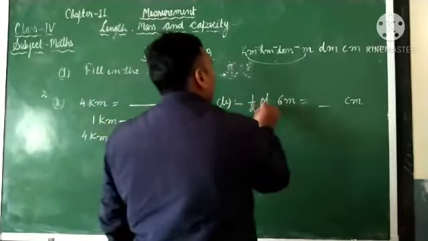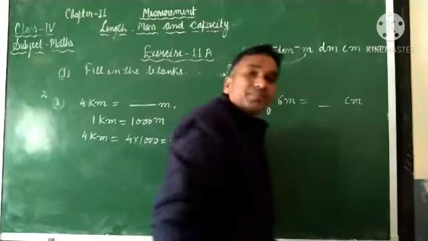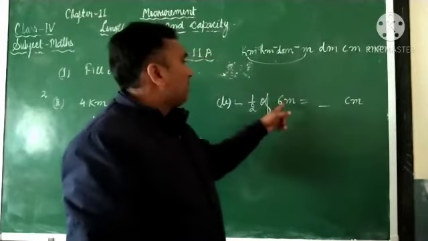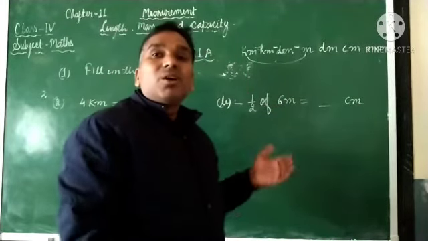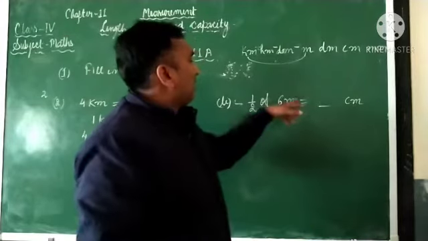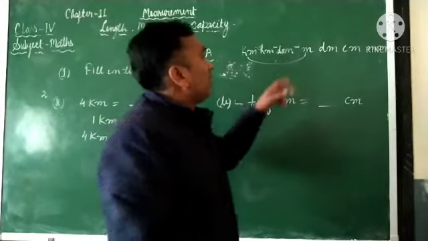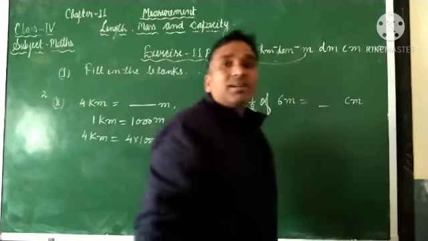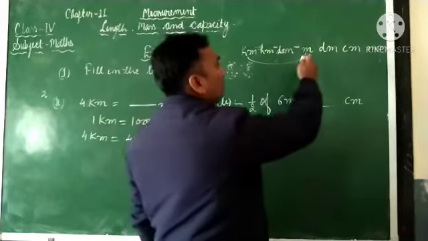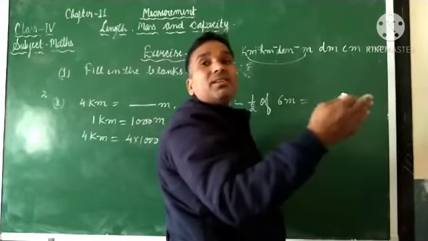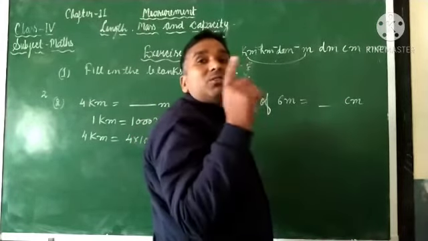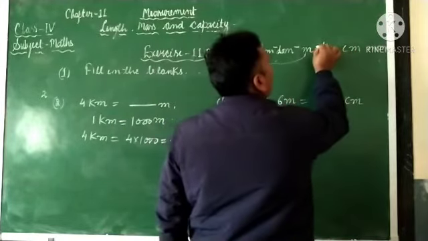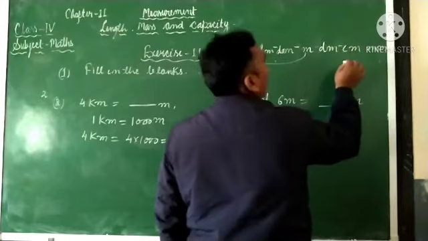Next, 1 by 2 of 6 meter equals dash cm. They are asking for the answer in cm, so you have to convert meter into cm. Now you should know the formula. Here meter, here cm; this side smaller quantities are there, so you have to multiply. To convert into a smaller quantity, I told you to multiply. So 1 meter equals how many cm? How many skips are here? 1, 2.